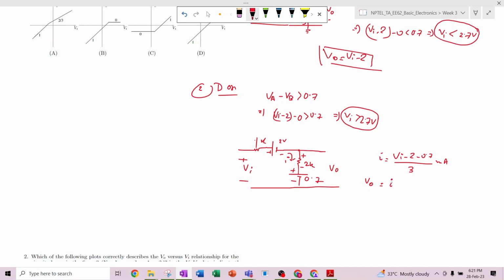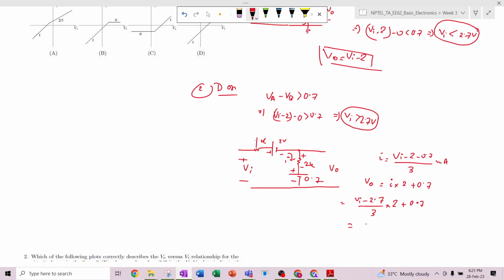So that is I, the current flowing into the 2K resistor, times 2, plus 0.7. So it will be Vi minus 2 minus 2 plus 0.7, which is 2.7, into 2 plus 0.7, divided by 3.